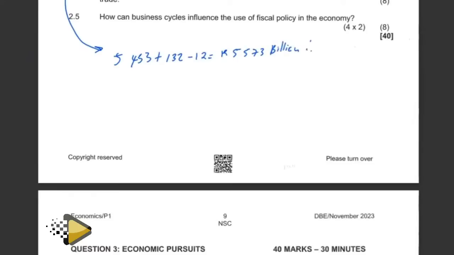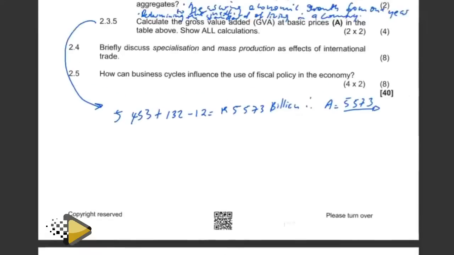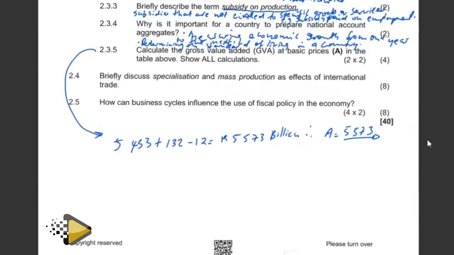So we can say therefore our A is equivalent to 5,573. This is going to be our appropriate answer. Okay, right, grade 12. So now let's move on to the next question.